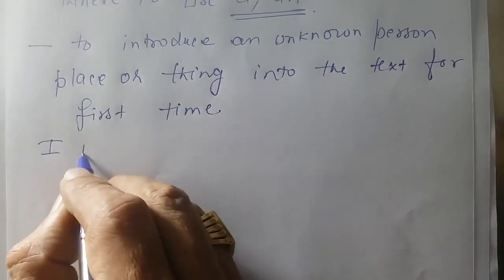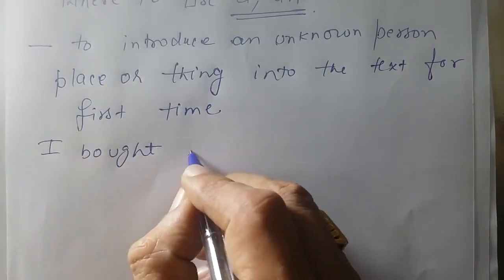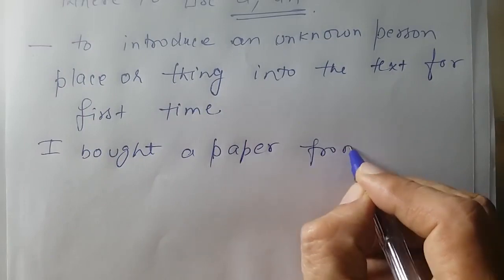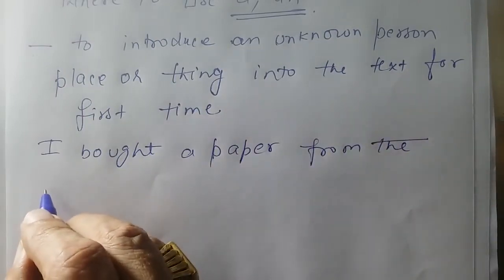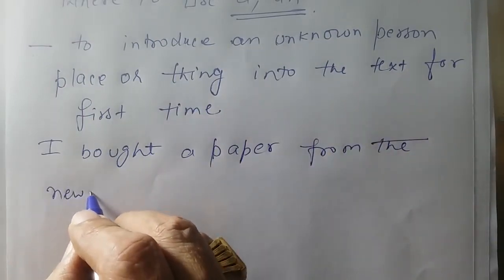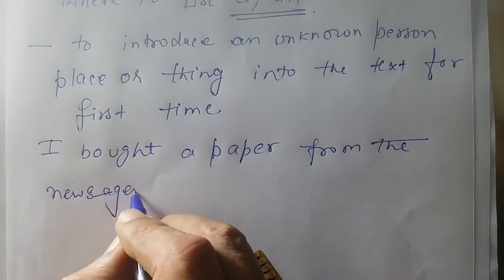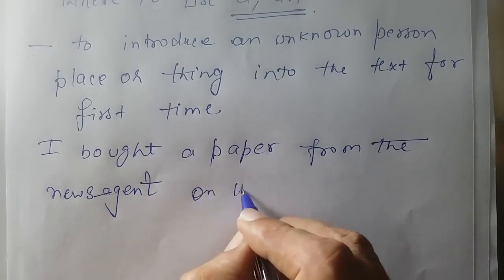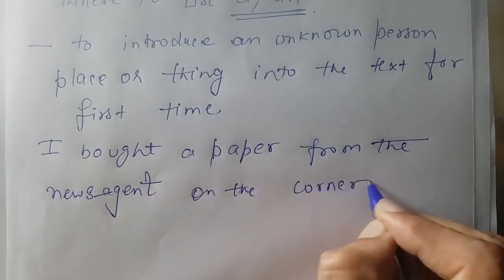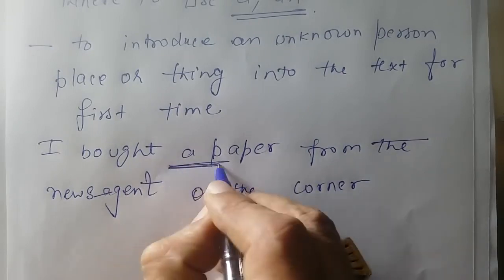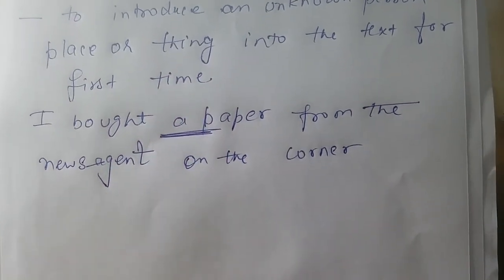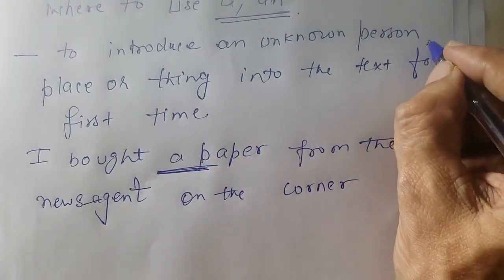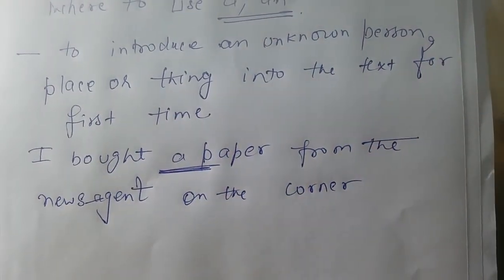I bought a paper from the newsagent on the corner. New thing, introduction of a new thing. To introduce an unknown person, place or thing into the text for the first time.